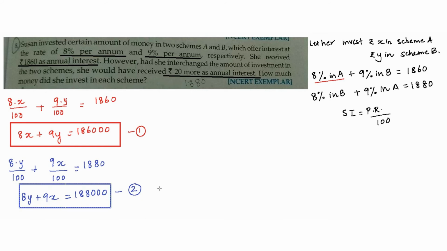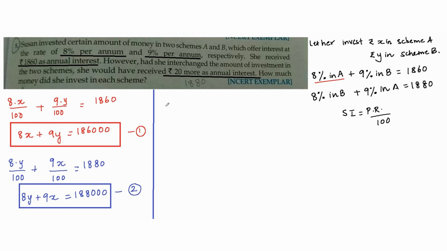Now it is very much possible to find the values of x and y. I noticed that the coefficients of x and y are swapped. Therefore, the technique of adding and subtracting the two equations will help me.